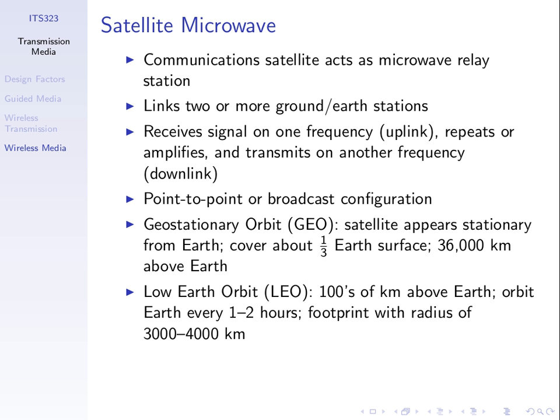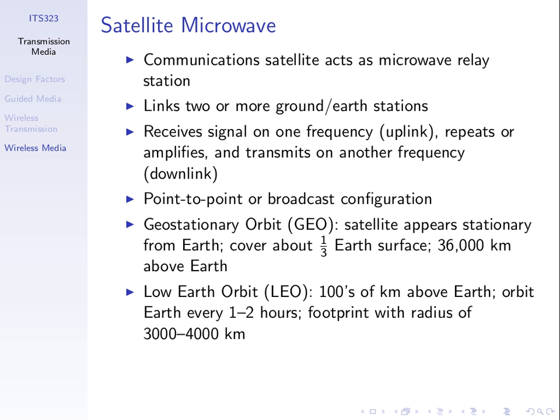What that means is as the Earth is rotating, these LEO satellites are going around much faster. Because they're closer, from the perspective of the ground user, they are moving above us. They're not in a fixed position.